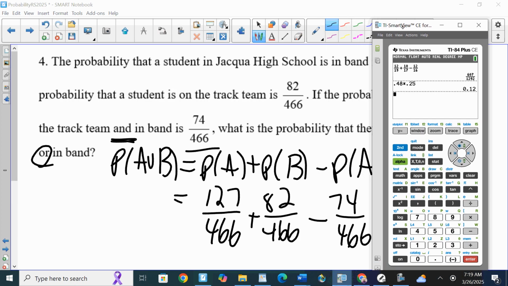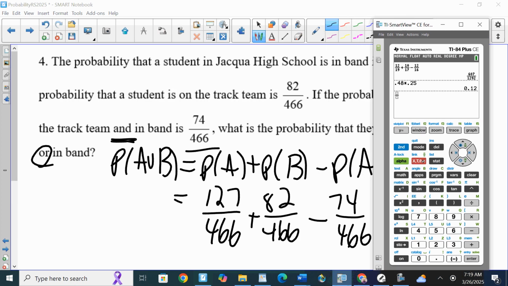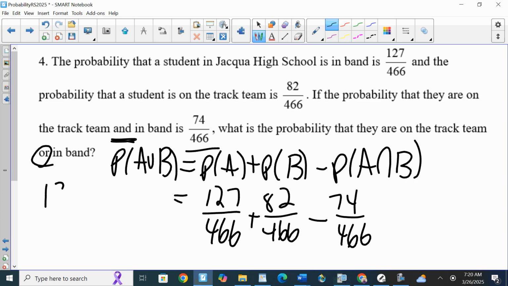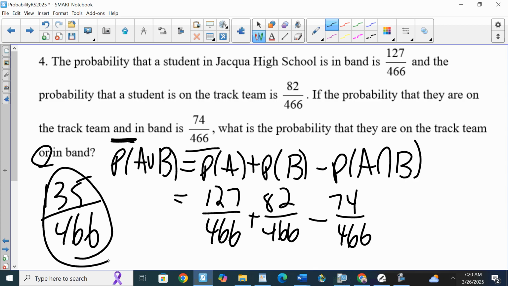Pop it into the calculator. 127 over 466 plus 82 over 466 minus 74 over 466, 135 over 466. So that's how you use your and or formulas.